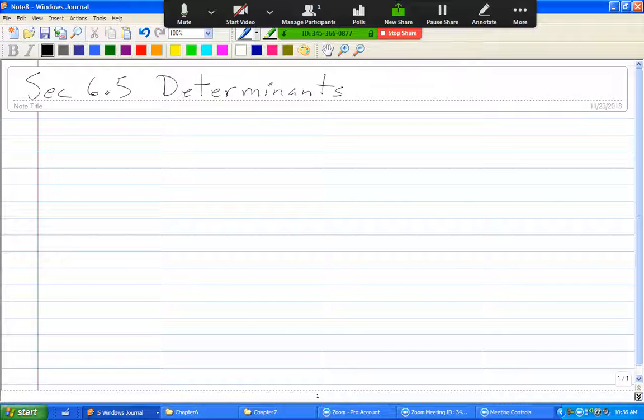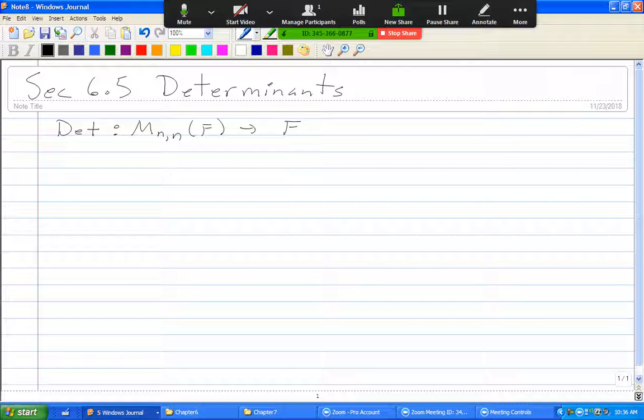Well, no, let me give you first. A determinant is a function from square matrices to whatever field we're talking about. So usually it's from square matrices with real coefficients to the reals.